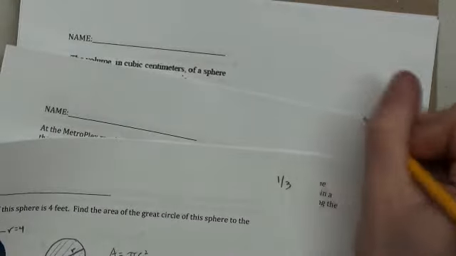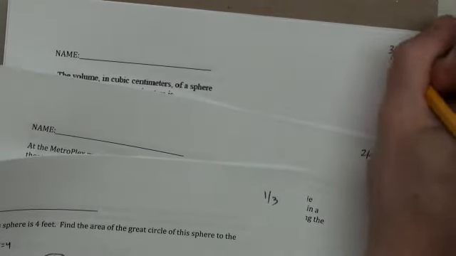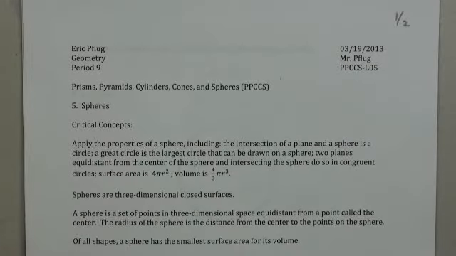So 1 out of 3, 2 out of 3, 3 out of 3. Okay, and that is the end of the lesson on spheres and the end of the unit on prisms, pyramids, cylinders, cones, and spheres.